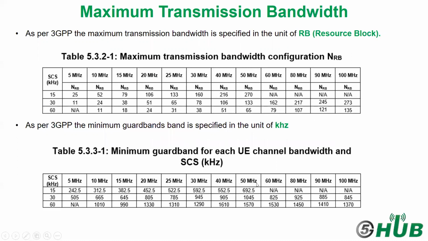For example, for 50 megahertz for subcarrier spacing 15, we will have 692.5 kilohertz minimum guard band. Okay, so the number of resource blocks configured in any channel bandwidth shall ensure that the minimum guard bands specified in this table are met.